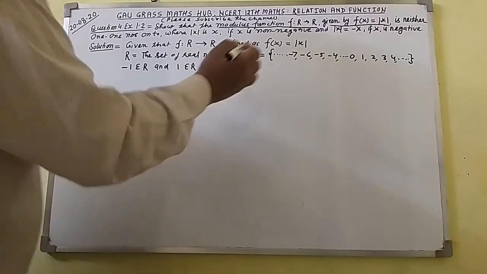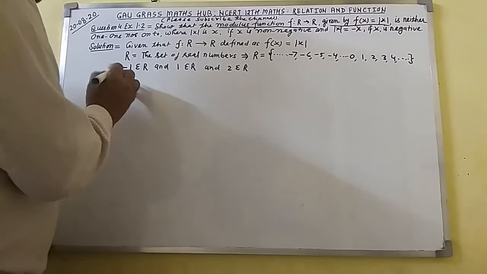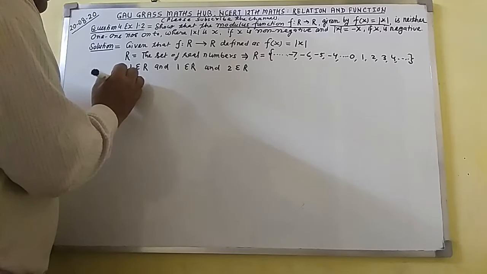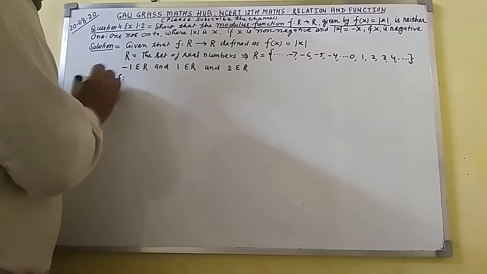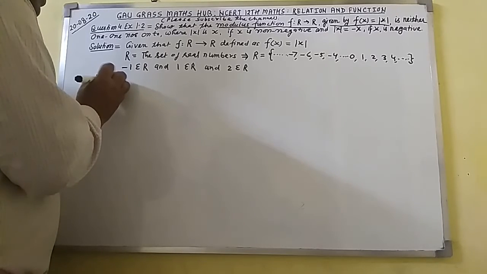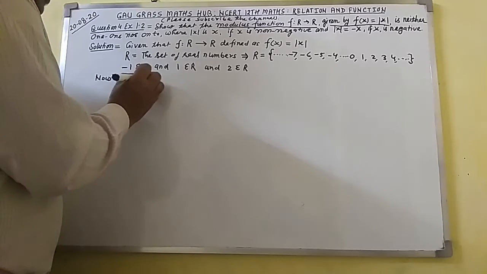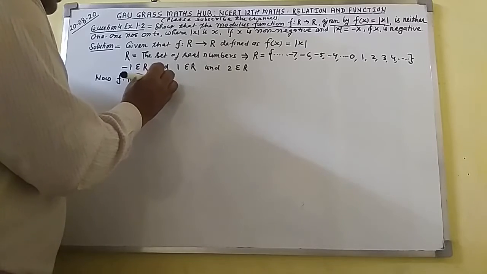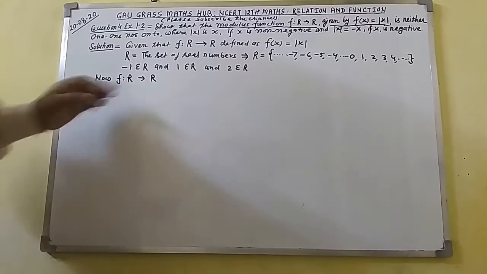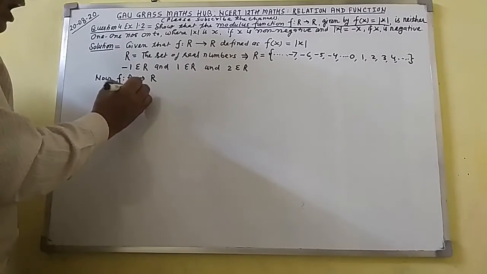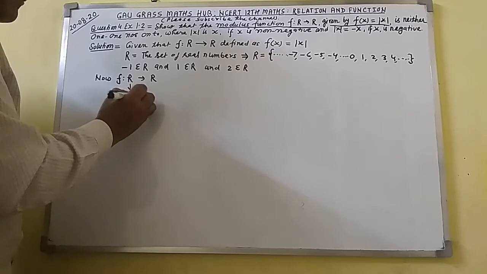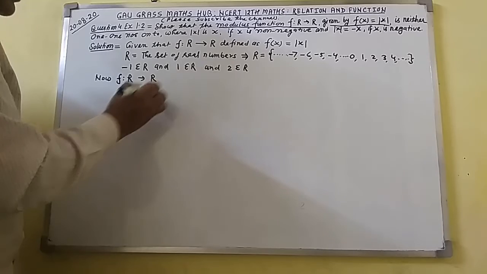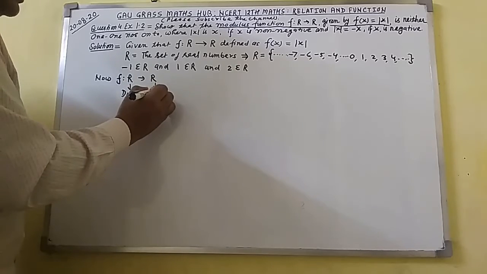Now here I am going to write f from capital R to capital R. Here you can see this capital R is the domain and this capital R is the codomain.